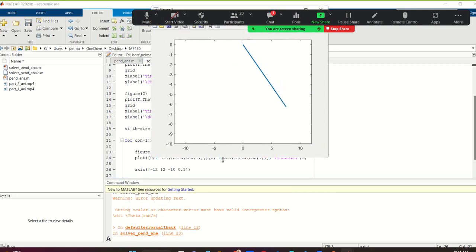Here we go. Do you see the pendulum oscillating? Do you see that? As we told, sine until the time finishes.